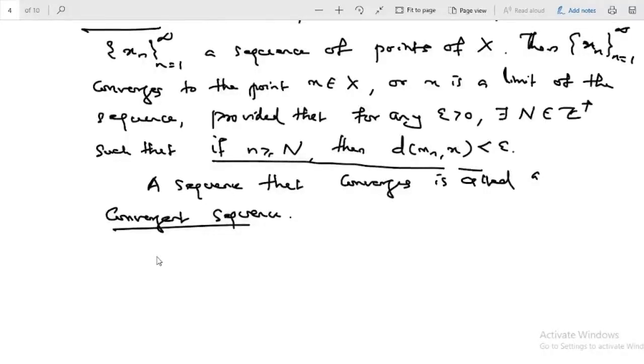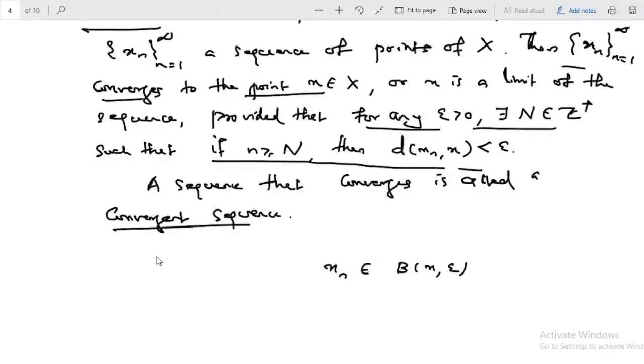The sequence xn converges to x provided that for any epsilon greater than 0, there exists N belonging to Z plus such that if n is greater than or equal to N, then the distance between xn and x is less than epsilon. Distance between xn and x less than epsilon means xn belongs to the open ball centered at x with radius epsilon.